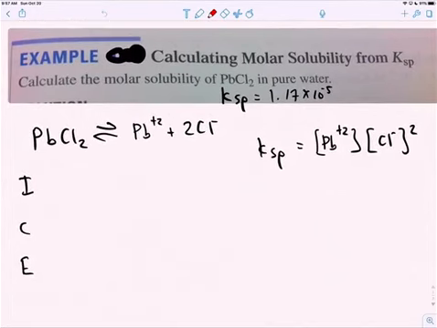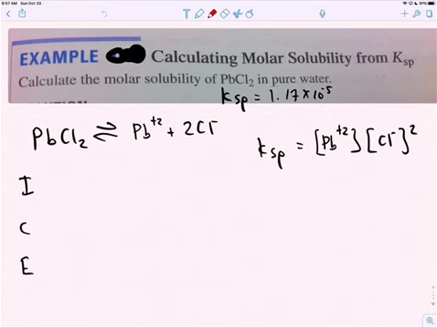So let's do this. Calculate the molar solubility of lead chloride in pure water. And also given the Ksp, solubility product constant, is 1.7 times 10 to the minus 5. So the Ksp, of course, writing lead chloride, it's going to dissolve into lead plus 2 ions and 2 chloride ions.